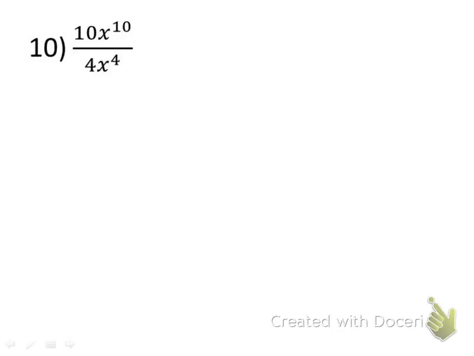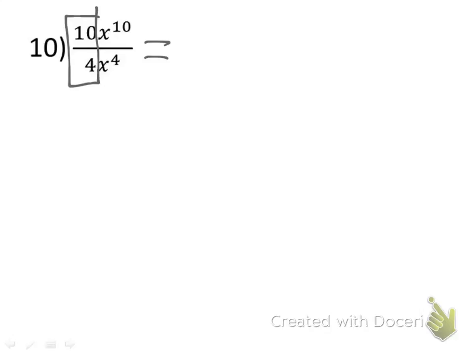All right, take a second to write this one down. Try to decide what we're going to do. We have 10x to the 10th over 4x to the 4th. All right, let's talk about the big old regular numbers first. What am I going to do with a big old regular 10 over a big old regular 4?